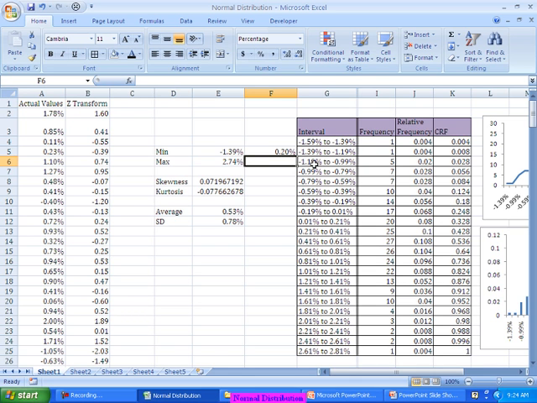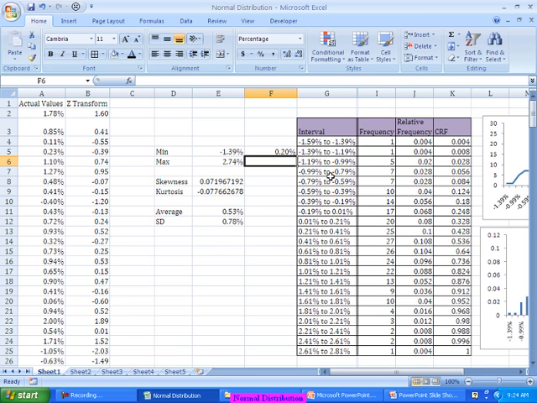Minus 1.19% to minus 0.99% is 0.2%, the size of the interval. Now, I have tried finding out the frequency of each of these, which means how many values are lying within this range.